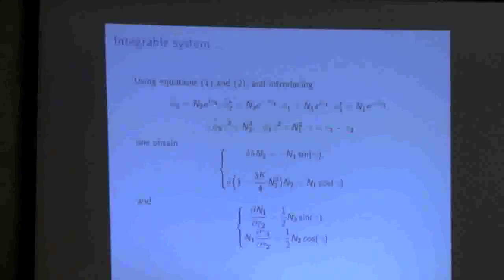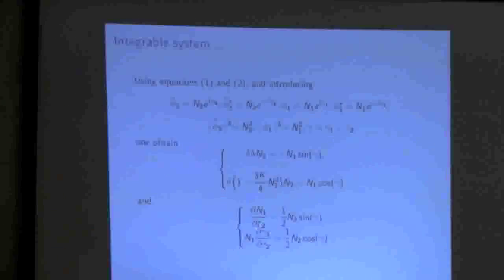I introduce the phase difference, and we obtain, in fact, two equations. These two equations correspond to the first equation and the nonlinear relation between equilibrium states, and you obtain this equation that is, in fact, the evolution equation of N1 and gamma 1 but versus the tau 2 scale.